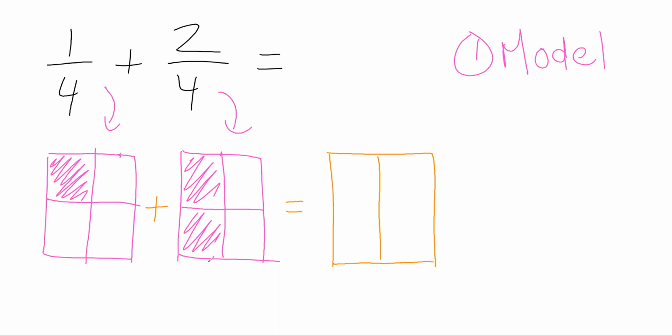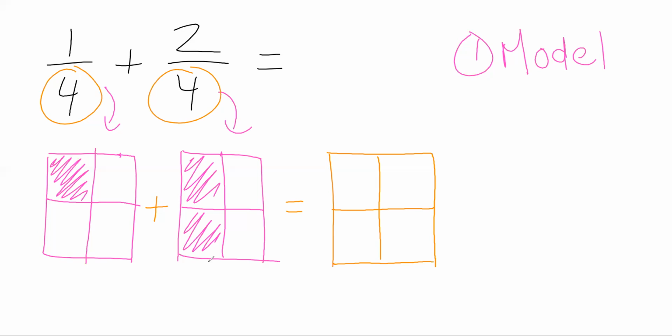No matter what, my denominator is still the same. I've taken my whole, and it's still 4 pieces. That doesn't change. I'm not adding how much I've cut it into, right? I'm adding the numerator. It's the numerator we really need to be thinking about, the parts we're putting together. The denominator is exactly the same.